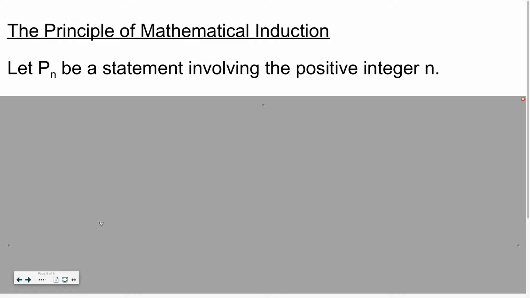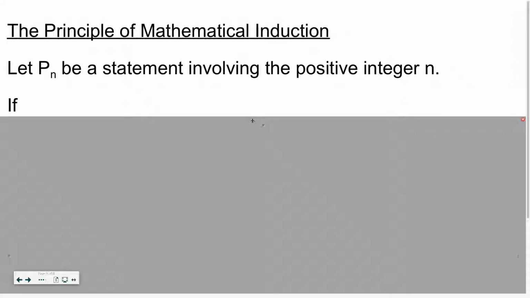So again, the book uses P sub n generally when we're talking about mathematical or inductive proofs. Let P sub n be some statement involving the positive integer n. So you're usually getting something like P sub n equals something in terms of n, where n represents positive integers.